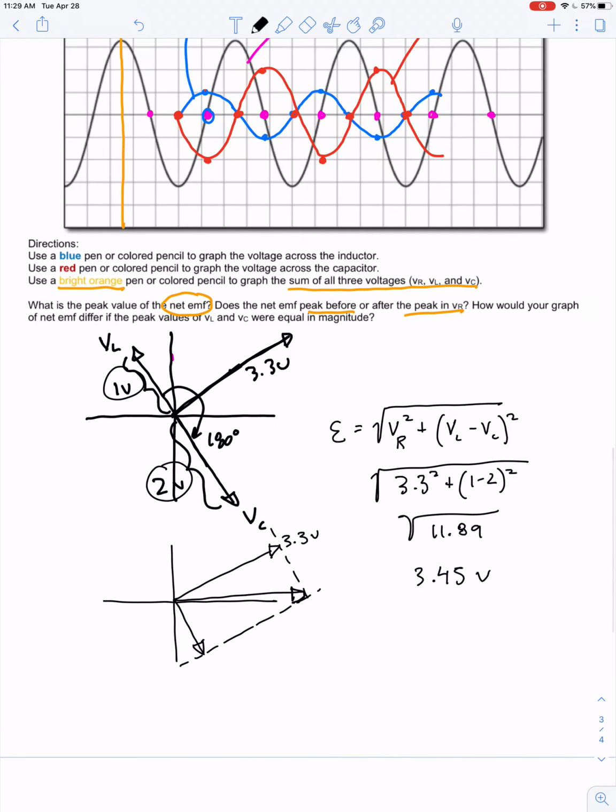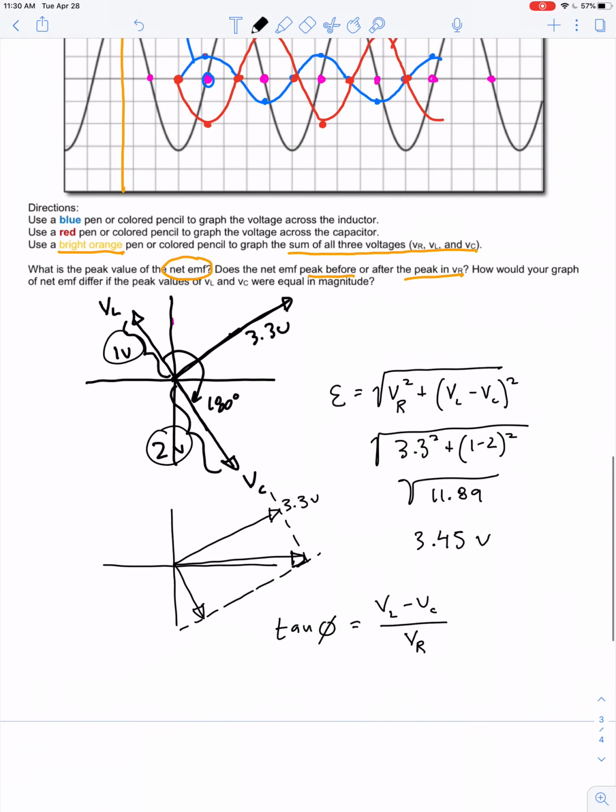The tangent of the phase angle is equal to the voltage across the inductor minus the voltage across the capacitor, divided by the voltage across the resistor. So we have, once again, 1 minus 2 divided by 3.3. What's the inverse tangent of that? That'll give us our phase angle. So this is the inverse tangent of a negative value.